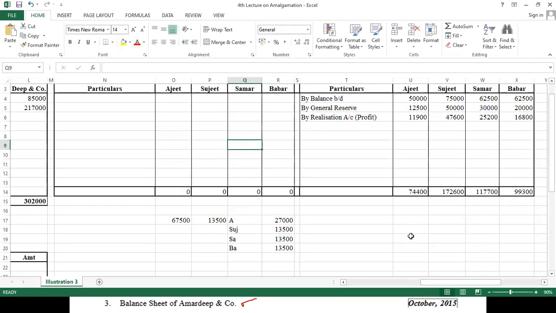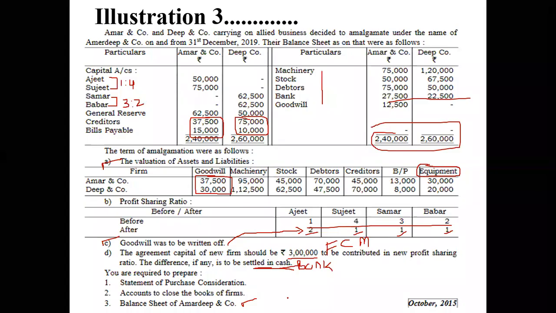So this amount we will write here, and we will write here goodwill written off. Okay, so for Ajit we have 27,000, for Sujit 13,500. Okay, and same thing with Samar and Babar. Okay, so point number C is clear.